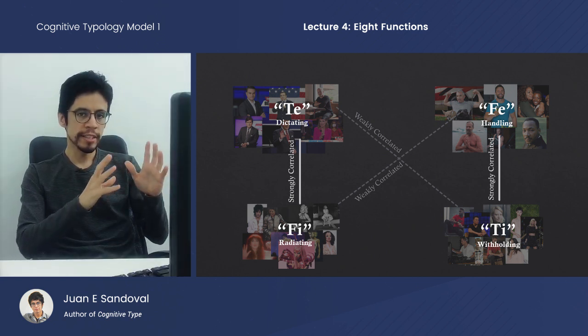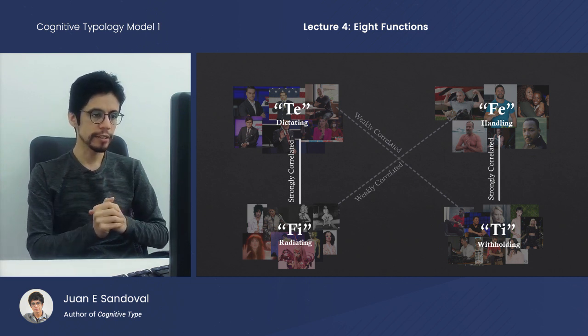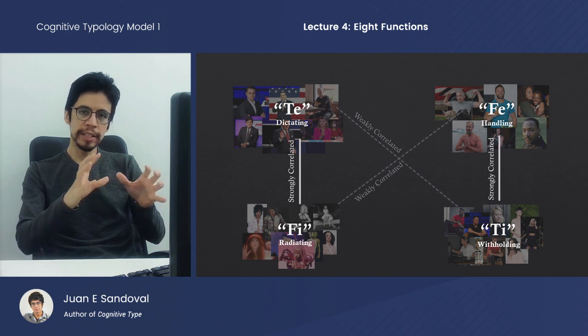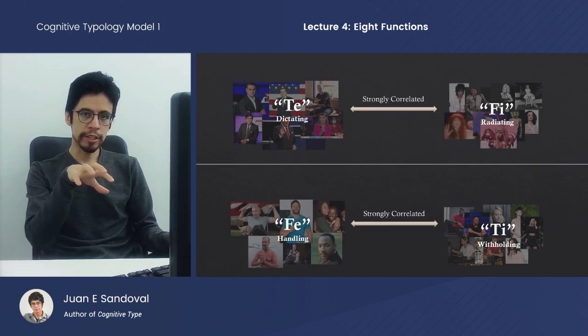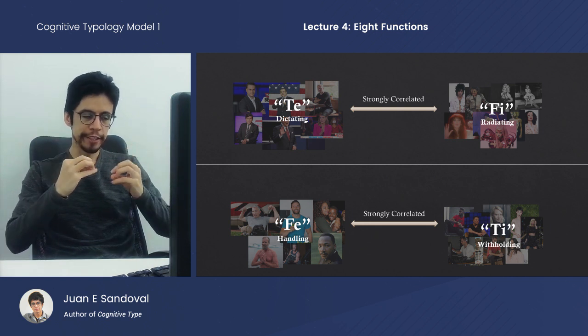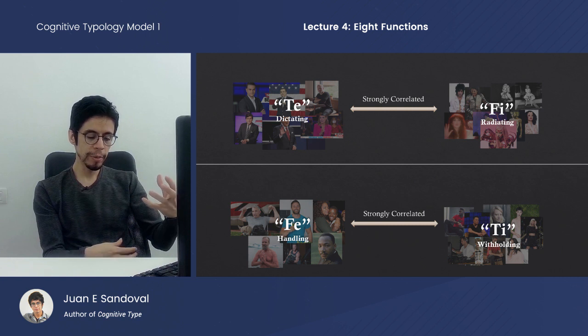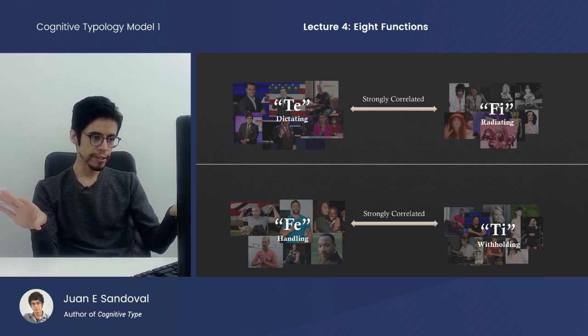And there's a strong statistical connection between a handling Vultology and a withholding Vultology. So to organize it differently, it looks a bit like this, where dictating and radiating are strongly correlated, and handling and withholding are also strongly correlated, which is rather odd to think about because one is coming from a JE and the other is coming from JI in both cases.